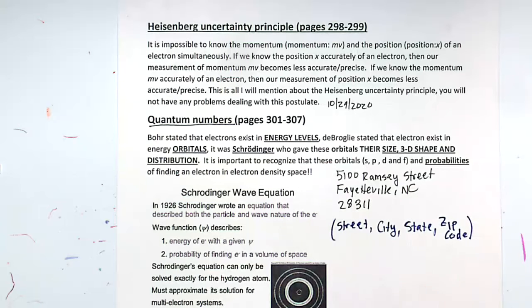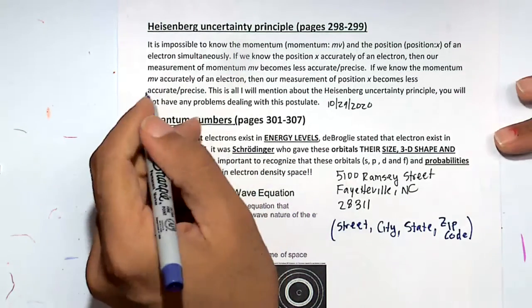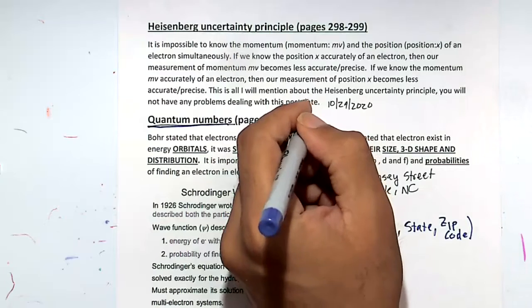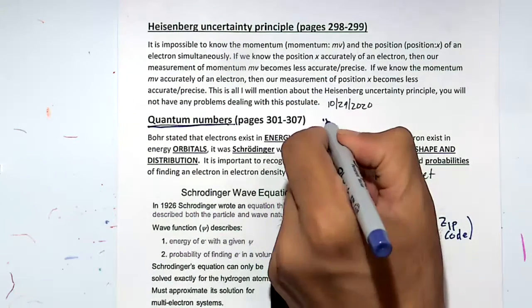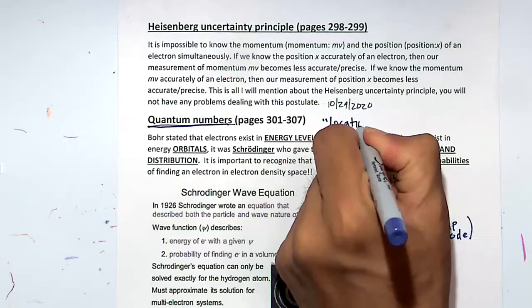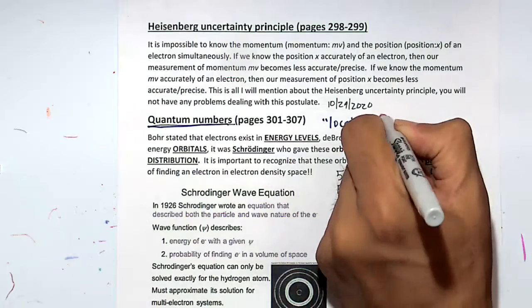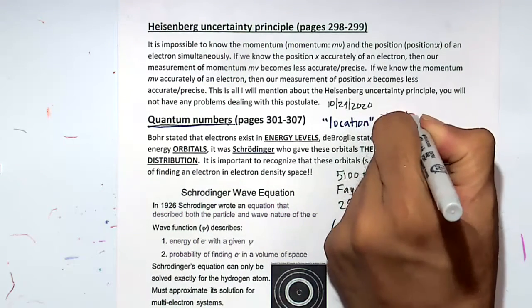Similarly, there are 4 numbers, which we call quantum numbers, that describe the location, and I'm going to put the term location in quotation marks, sort of the address or the location of an electron. The reason I'm putting location in quotation marks is, number 1, an electron is really not something with a location, because it has wave and particle duality.